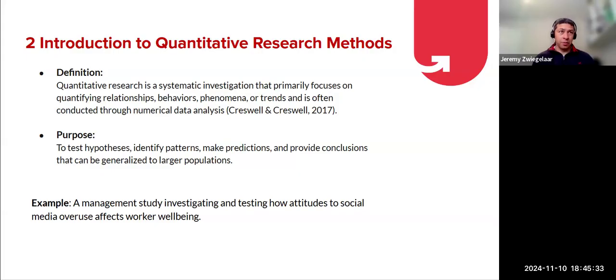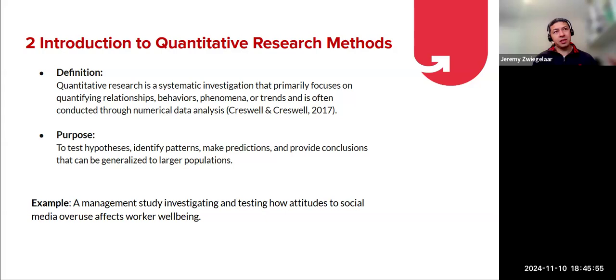We might look at phenomena. So this might be work-life balance, or it might be trends around stress management and well-being, or trends in terms of worker behaviors around sick leave and so on.